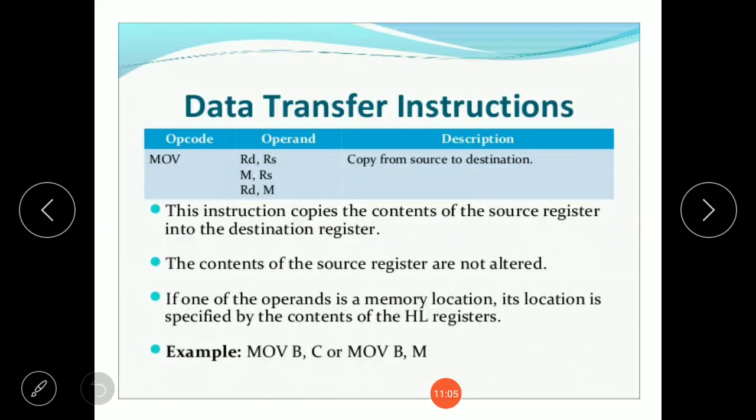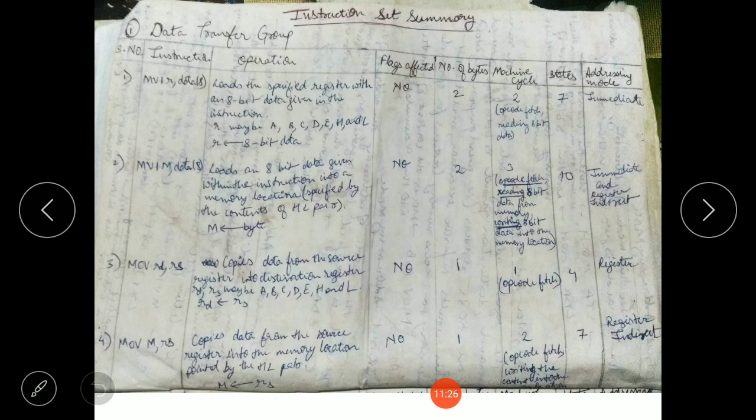As I have told you, if in an instruction only registers are mentioned for the operands, then that type of instruction will have register addressing mode.